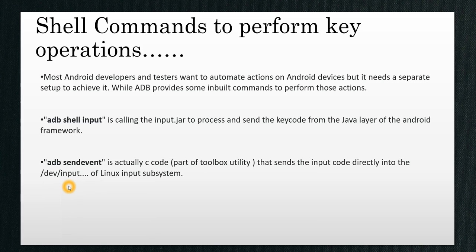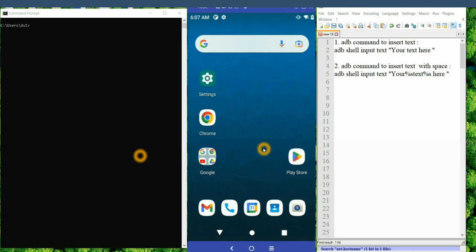This device input path is present inside your device itself. So I hope this is clear. We'll cover two commands here, ADB shell input as well as ADB sendevent. You will really understand this very well when I go through the demo. So let's go through the demo video.